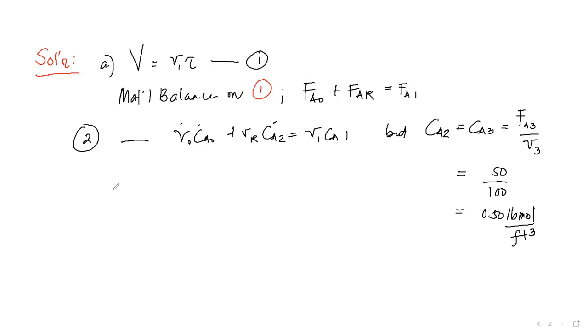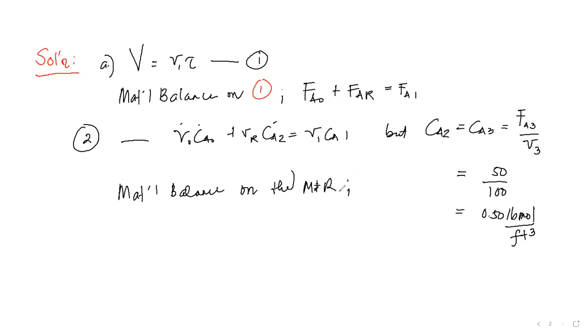So we can do another material balance. As I have mentioned at the start of the topic, you can do material balance on any of the nodes, or you can do material balance on the reactor itself, on the MFR.